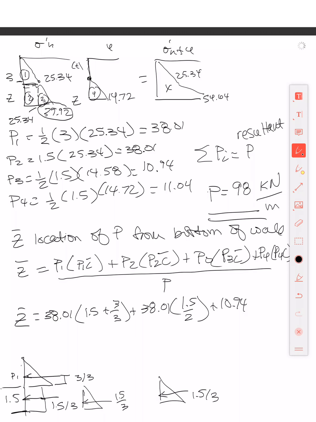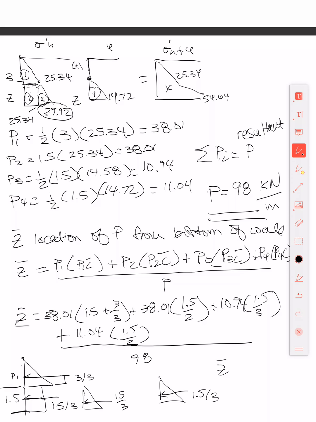It acts at 1.5 divided by 3. And the fourth force is 11.04, and it acts at 1.5 divided by 3. And then we divide all of that by 98. And so we calculate the location as 1.76 meters from the bottom.